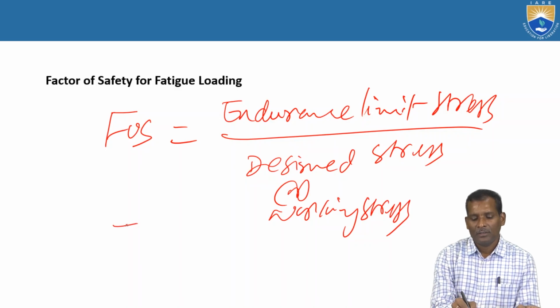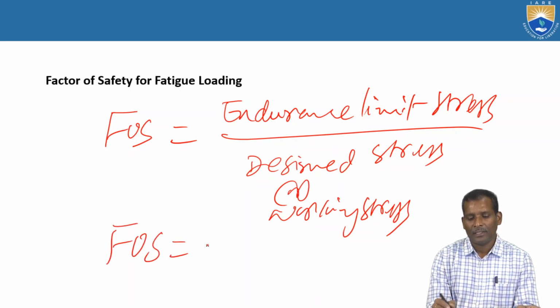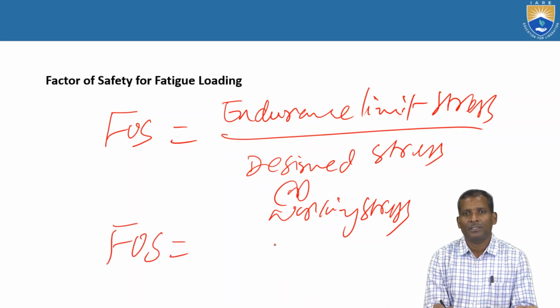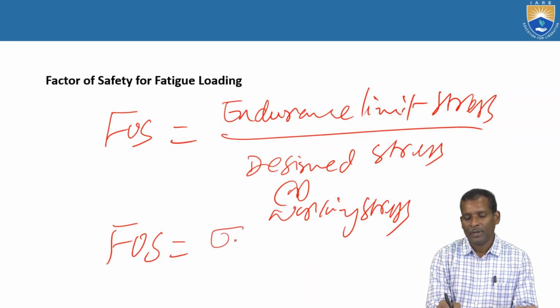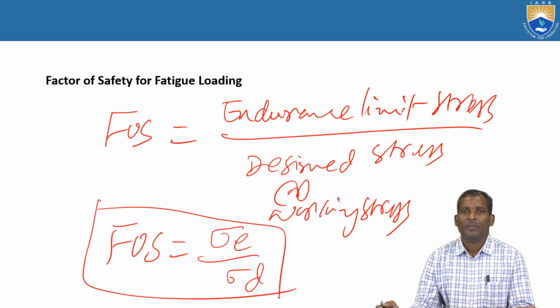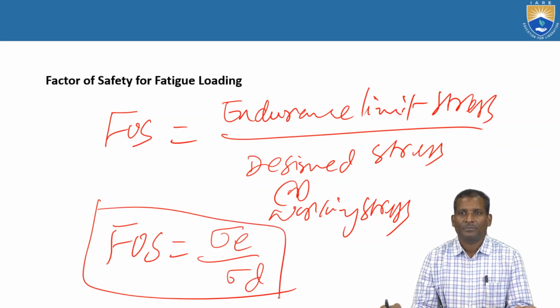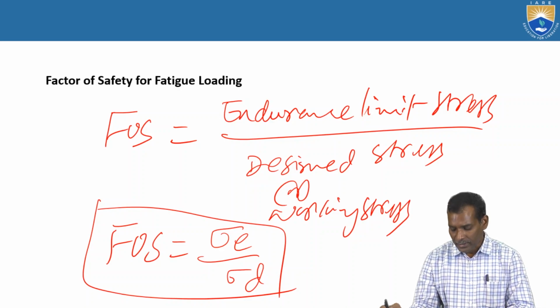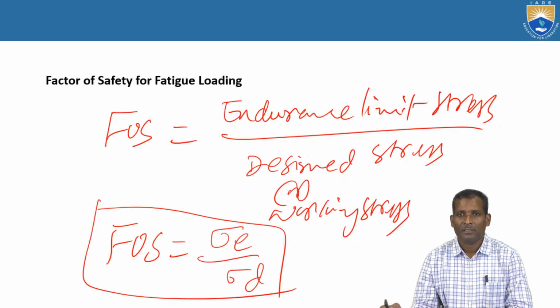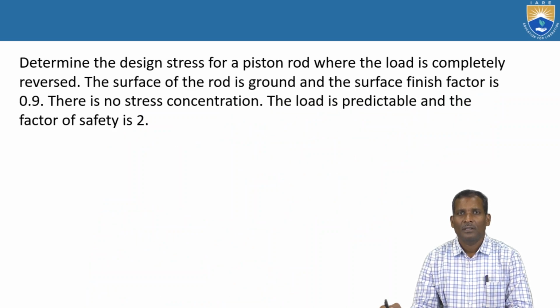So you may write it like this: factor of safety for fatigue loading is equal to sigma E divided by sigma D. So this is the factor of safety for fatigue loading, endurance limit to the design stress or working stress. Now we will see one problem on this.